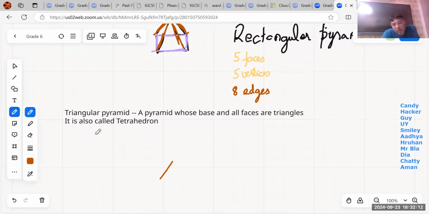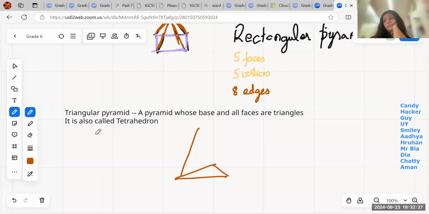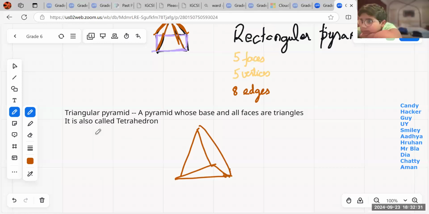Now those who gave the wrong answer will get an opportunity to give me its faces, edges and vertices.